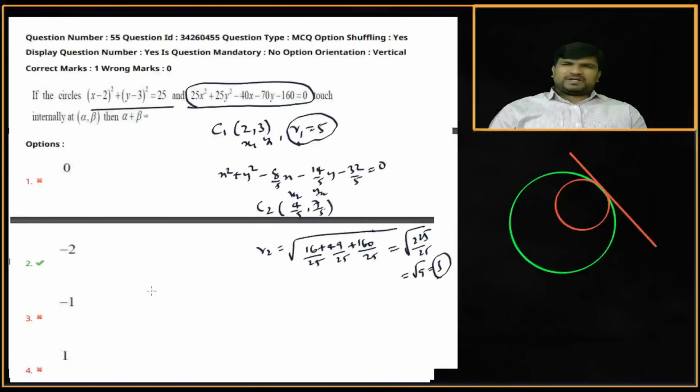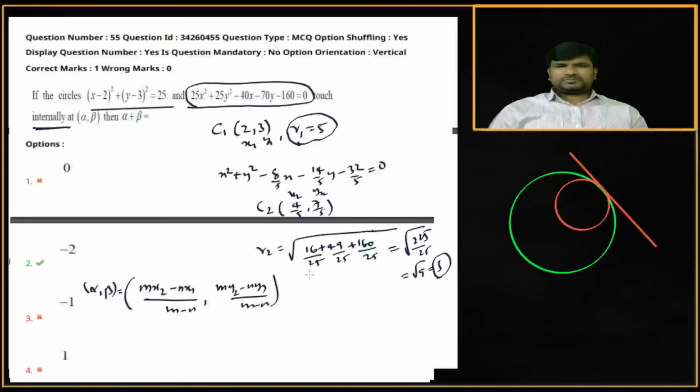If circles touch each other internally, we have to find the external center, that is (m x2 minus n x1) divided by (m minus n), comma (m y2 minus n y1) divided by (m minus n), which is our alpha, beta. So m is 5 and n is 3. 5 times 4 by 5 minus 3 times 2, divided by 5 minus 3.